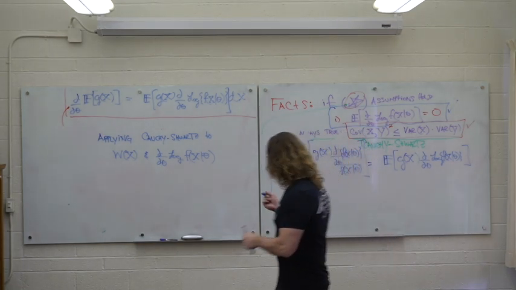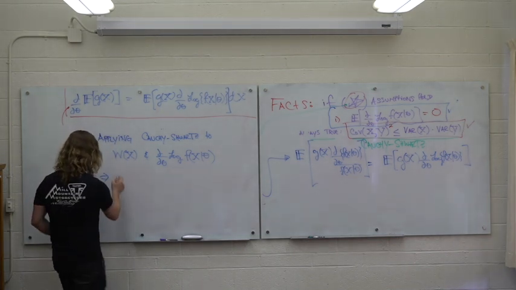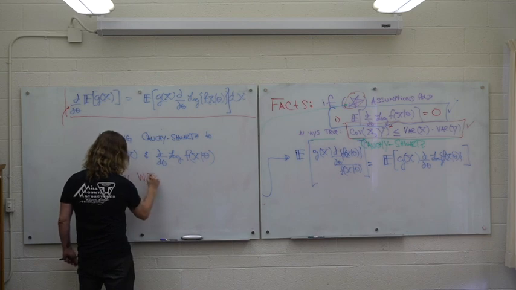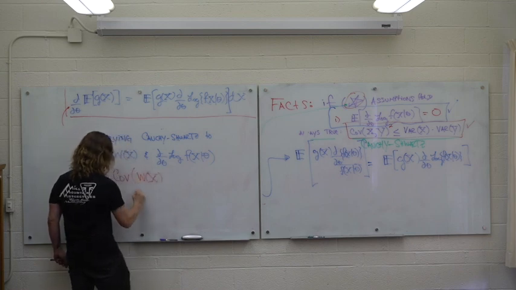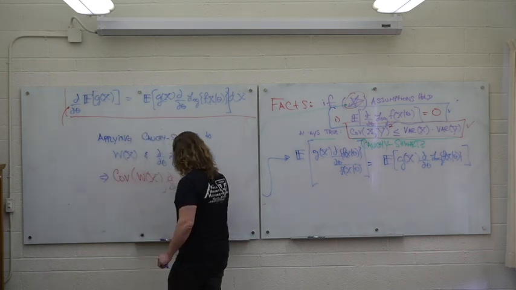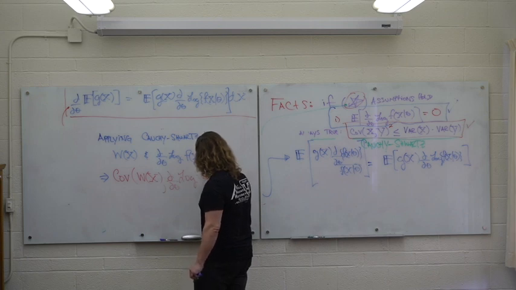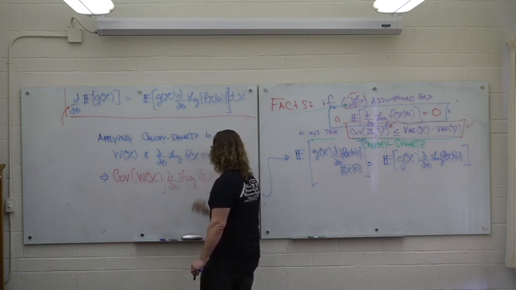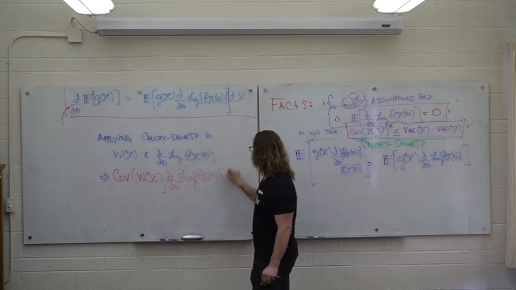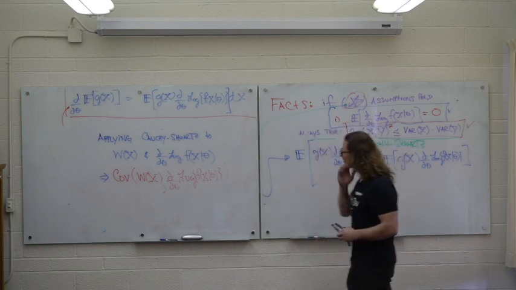And so let's just write this down. Covariance between W(x) and this thing is going to be bounded by variance statements.